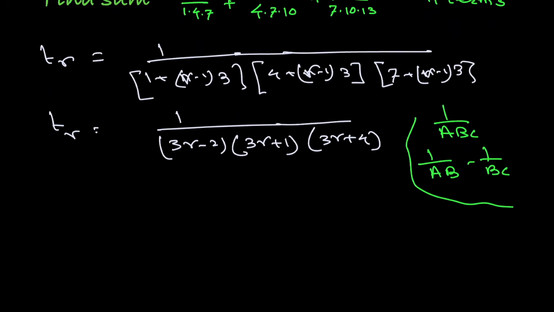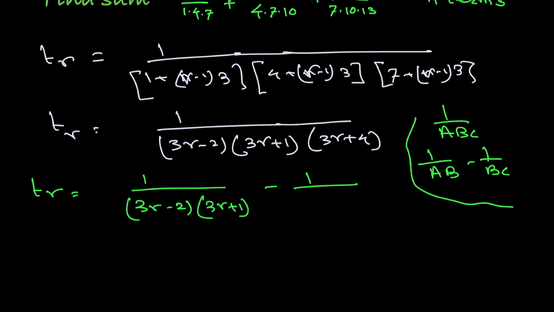So we can write this TR as 1 by 3R minus 2 into 3R plus 1 minus 1 by 3R plus 1 into 3R plus 4.